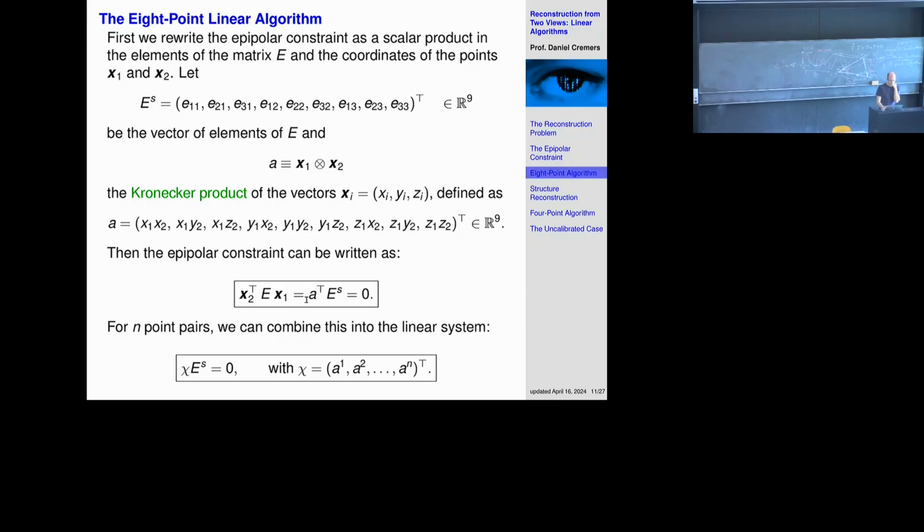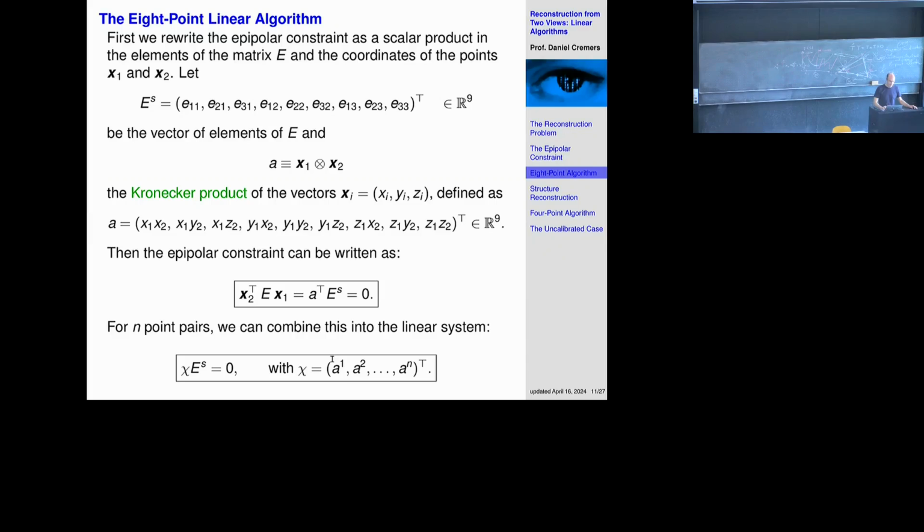where basically rather than having one vector times E stack equals 0, we have a matrix times E stack equals 0, so a matrix vector product equals 0, where the matrix chi that you have here, this is the Greek letter chi, contains all the stacked versions for n points.